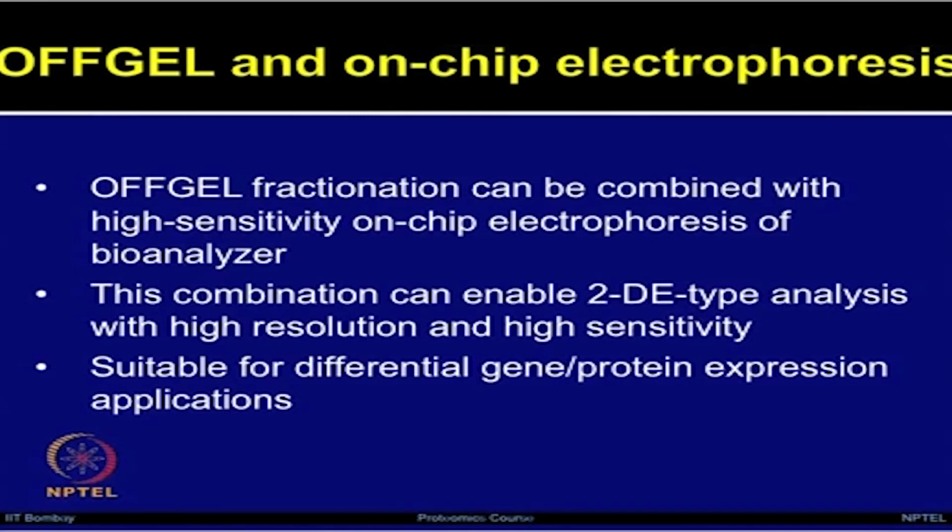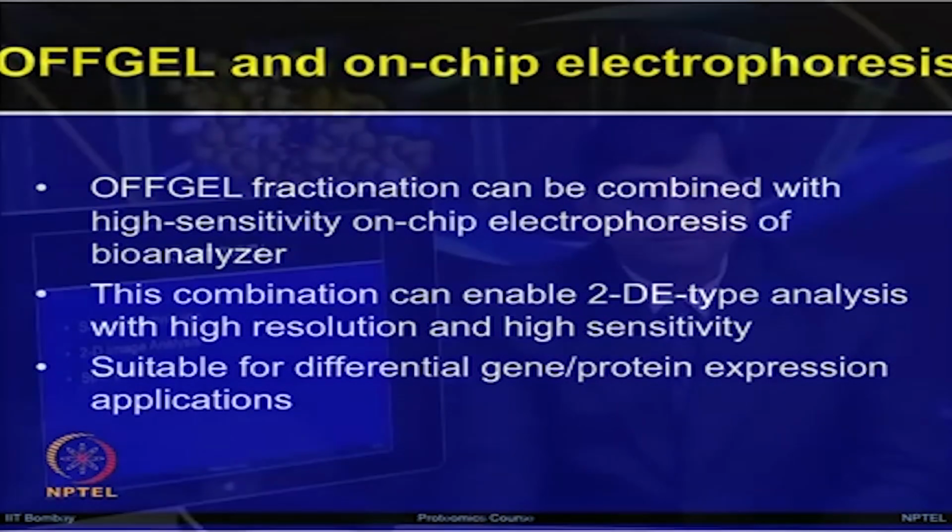This method is very suitable for studying differential protein expression for different applications. Similar applications which one can do with two-dimensional electrophoresis can also be performed by applying these two methods together, the off-gel and on-chip electrophoresis.